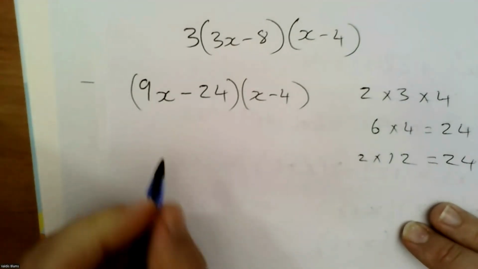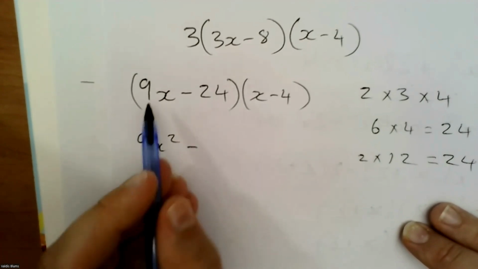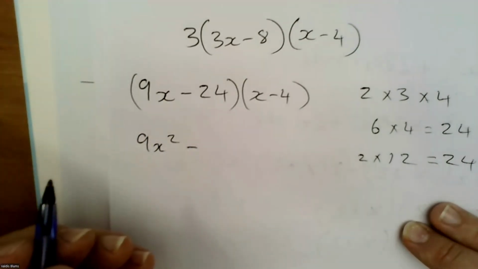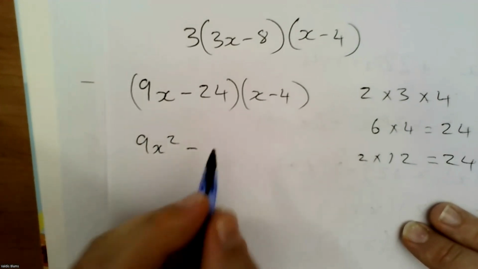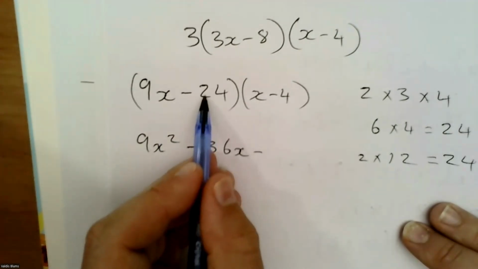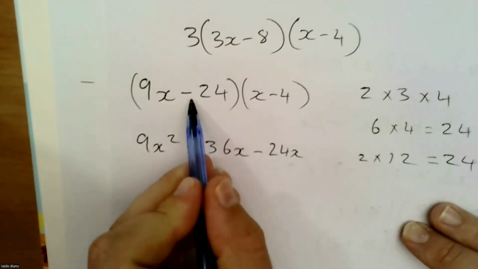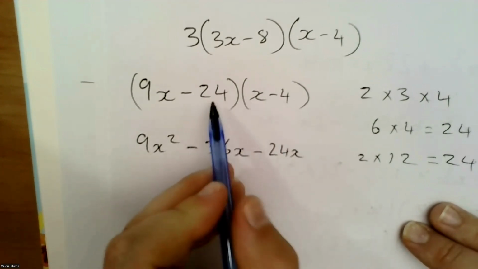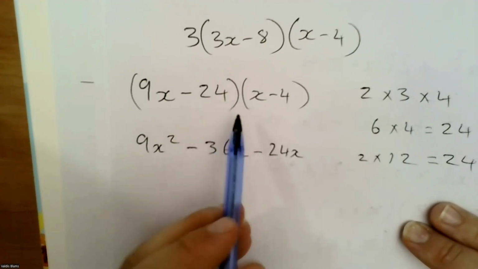So 9x times x, I have 9x squared, minus 9x times negative 4 will give me 36x, minus 24x, minus minus, so plus. Now, you could try and do this without a calculator.